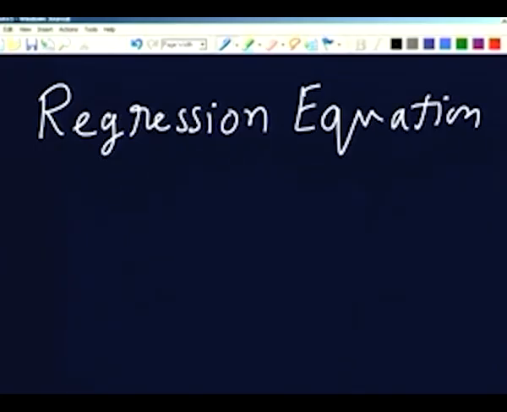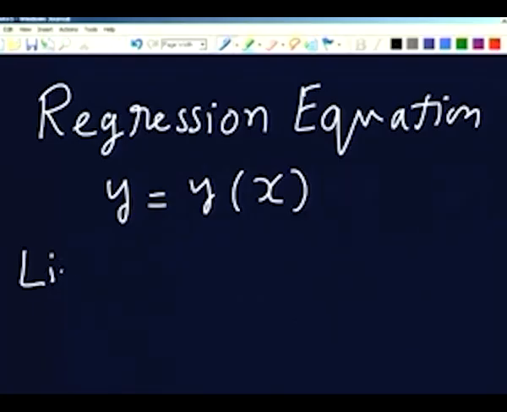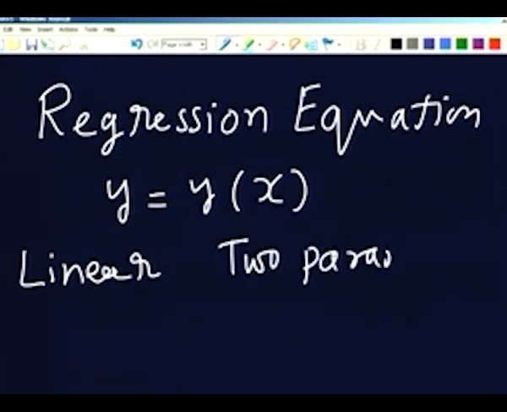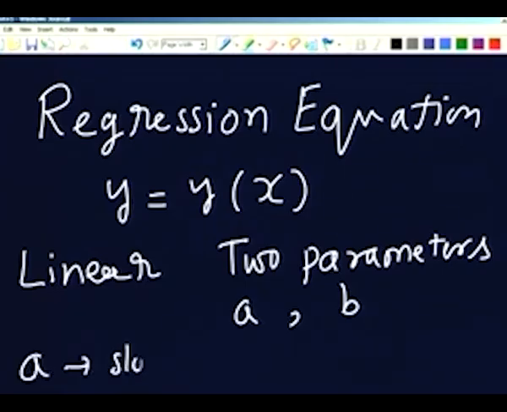I am talking about only two variables. y is some function y of x, linear, gives rise to two parameters, a and b. a is the slope parameter.